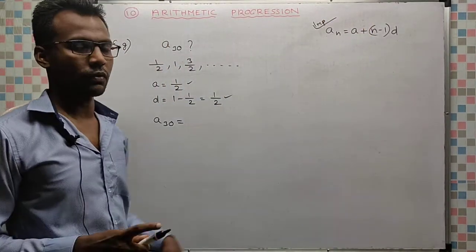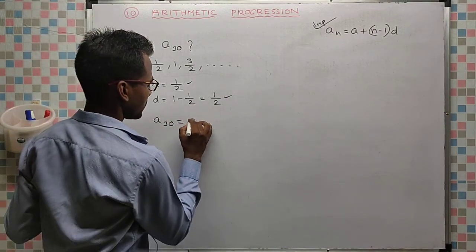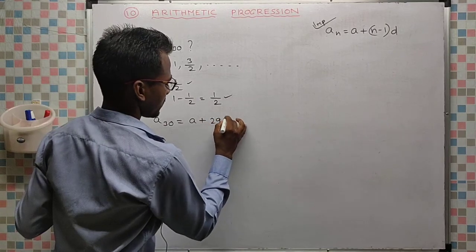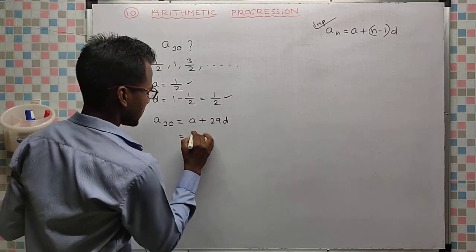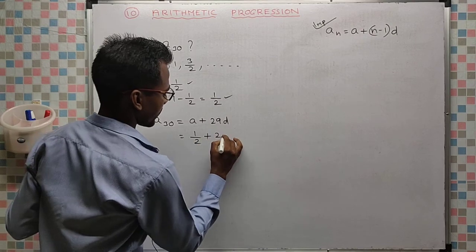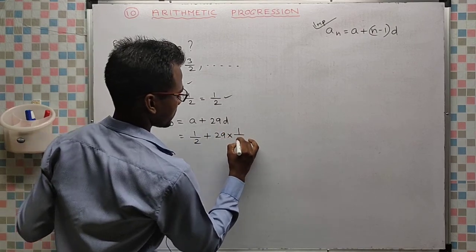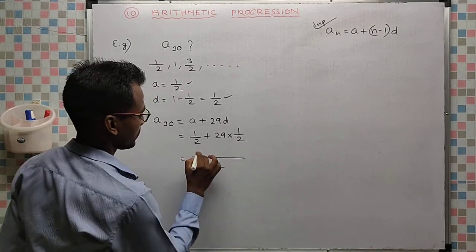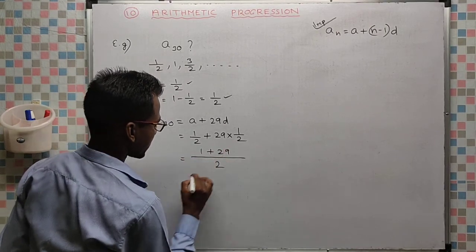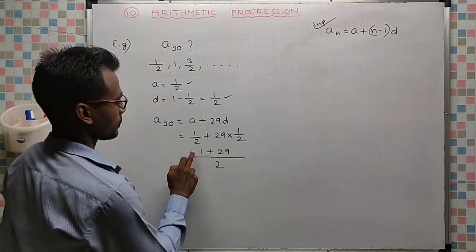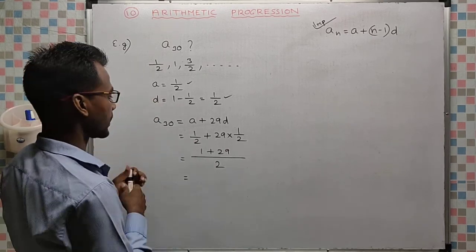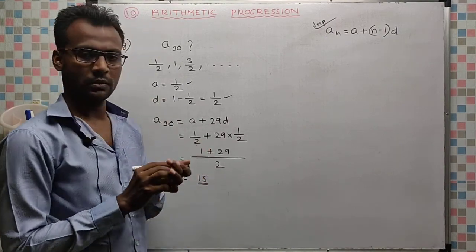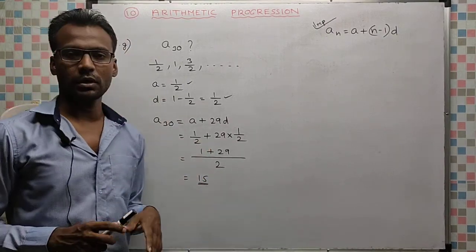So using this formula, A30 will be a plus 30 minus 1, means 29 d. a is 1 by 2, 29 into, what is d? It is also 1 by 2. LCM is 2. 1 plus 29 is 30. 30 by 2 is 15. So 30th term is equal to 15.